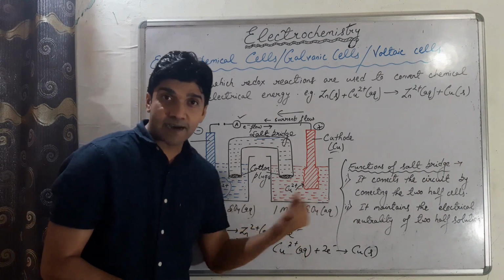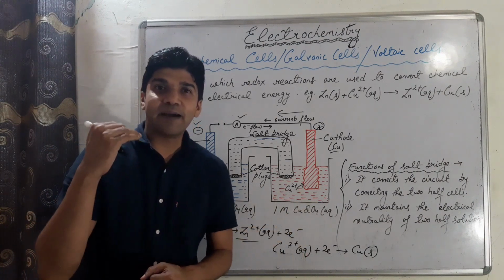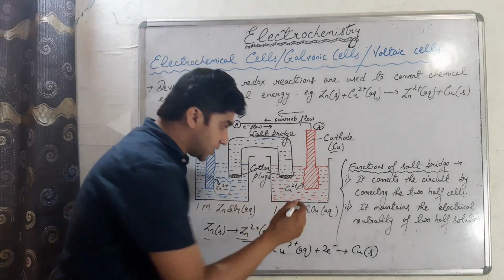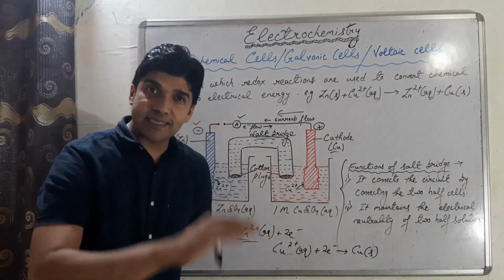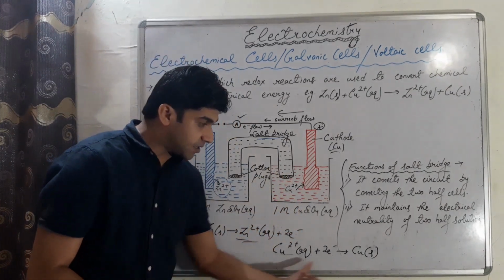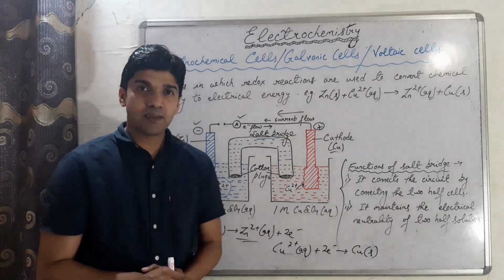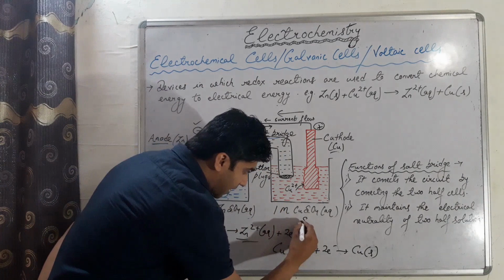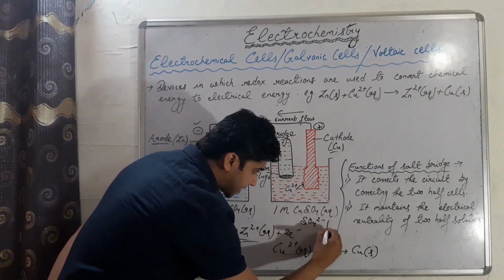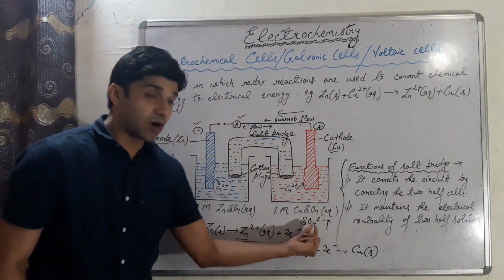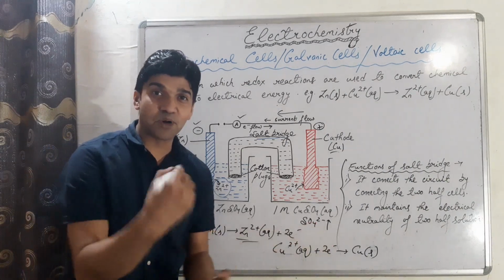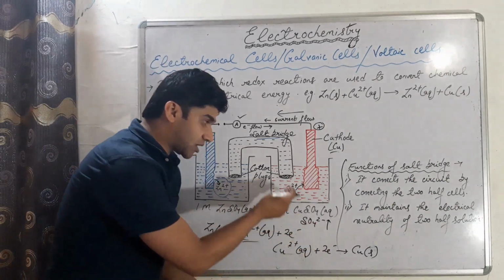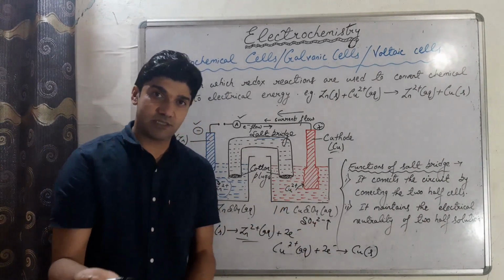And in this half cell, the amount of copper ion decreases as it is reduced to copper. But as we compare, in this case, the amount of sulfate ion or negative charge is more as compared to the copper ion or the positive charge.